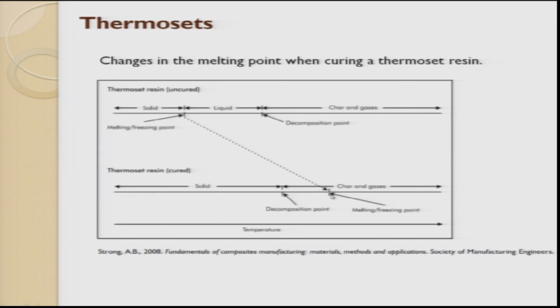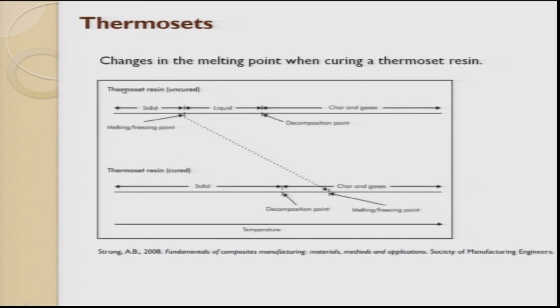This is completely solid, this is the decomposition point, and here is a melting point, and after this charring and gases form. Once you start heating thermoset polymers, they are not recyclable. When you start burning or heating them, they do not melt. They just get into char and gaseous form. That is happening at this point.